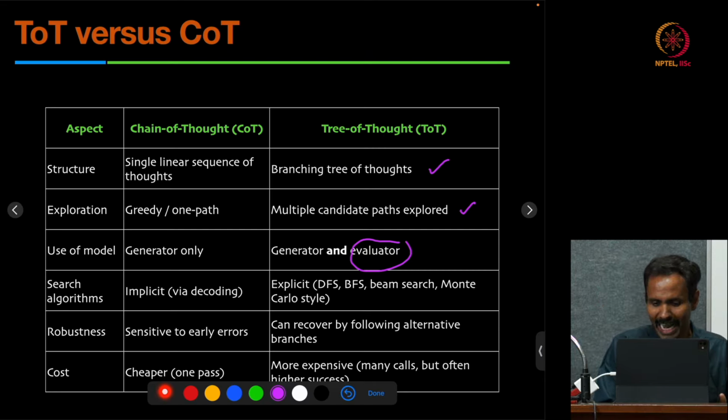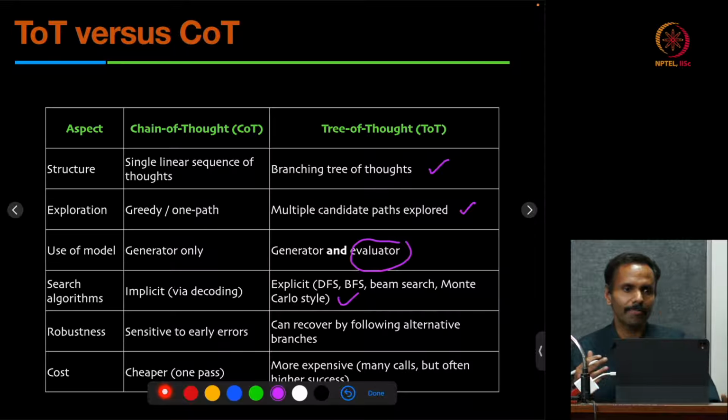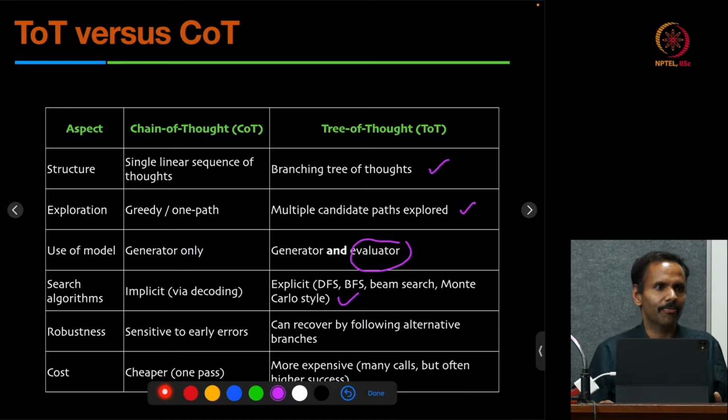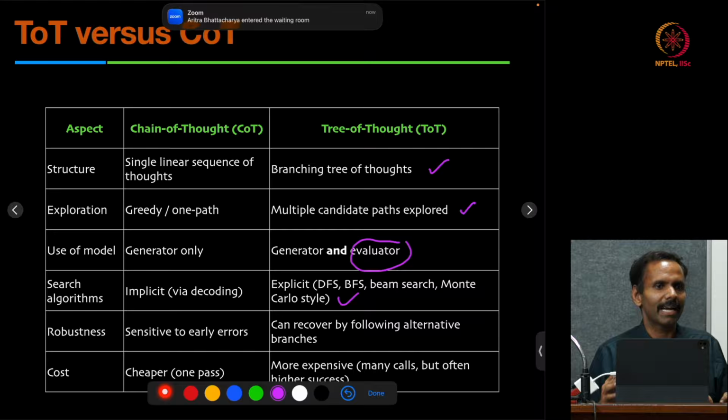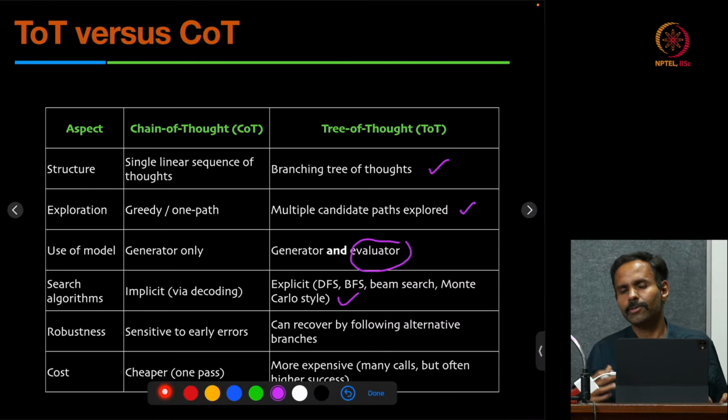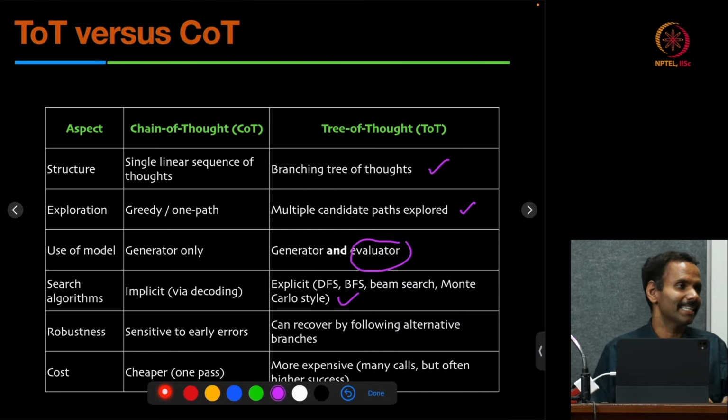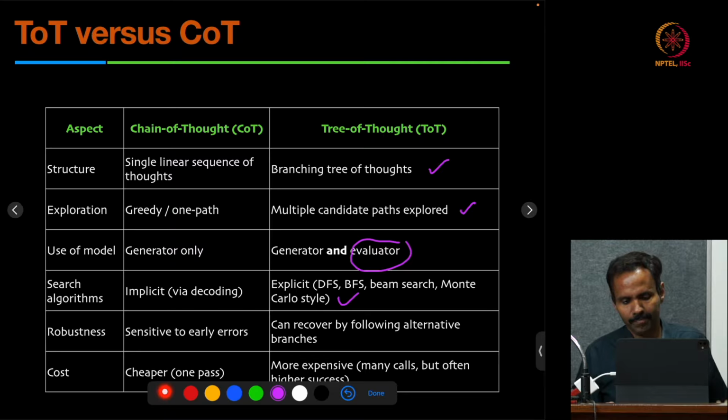You could certainly have lots of algorithmic ways to implement these trees, for example, a depth first search, a breadth first search, beam search, various other sampling methods, Monte Carlo methods, lots of literature on how to even form and prompt a model to go behind these tree formations, right?